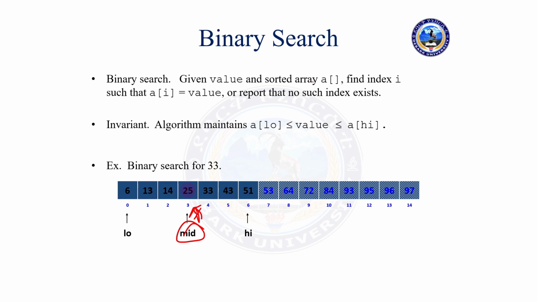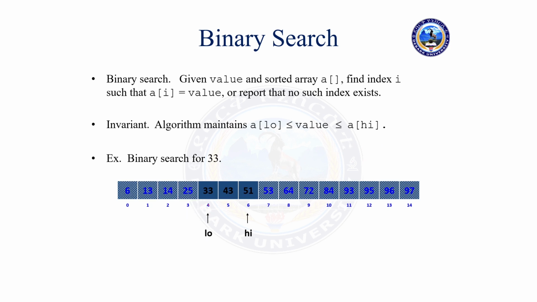In this case, 33 is greater than A of mid, which means we have to set low equal to mid plus 1. We move low to 3 plus 1, that is 4. So low is at index 4.